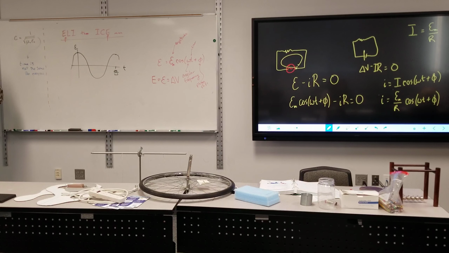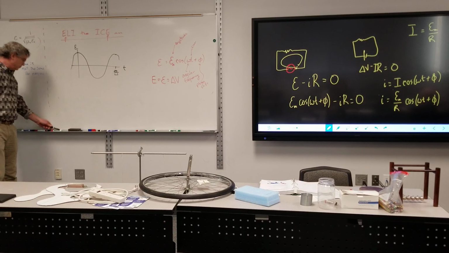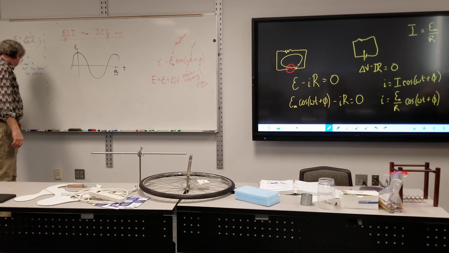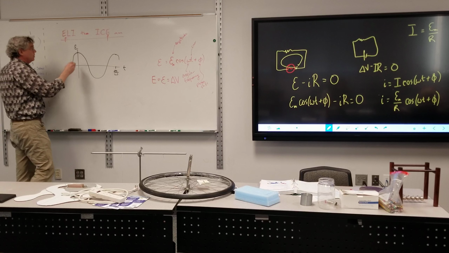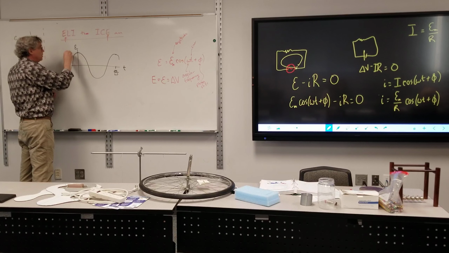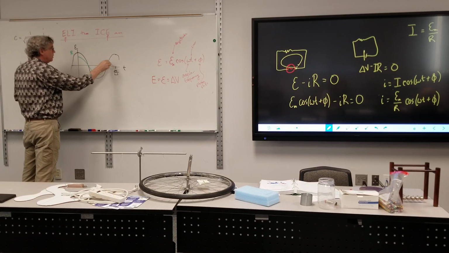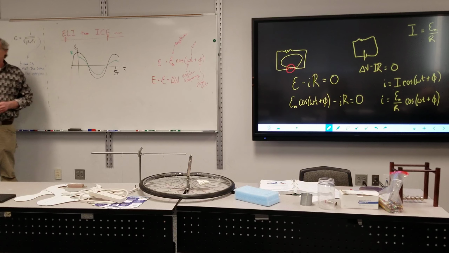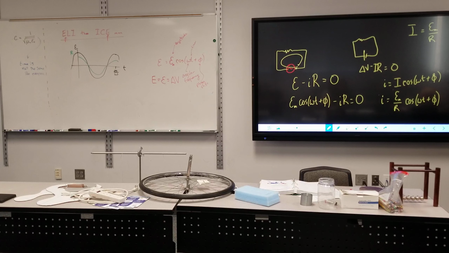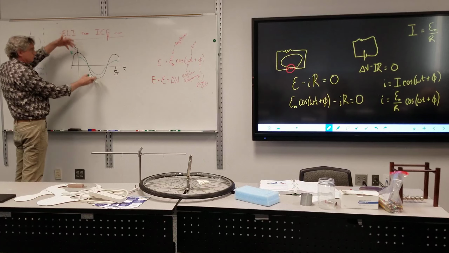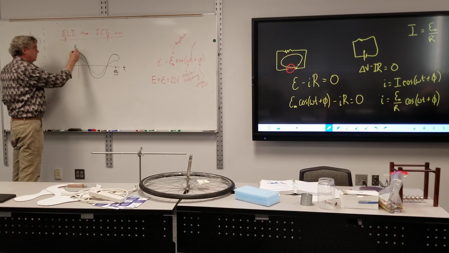That is my graph of my EMF, and the graph of my current, now I drew it smaller. Without knowing what R is, I have no idea, I mean, they're on two different scales.